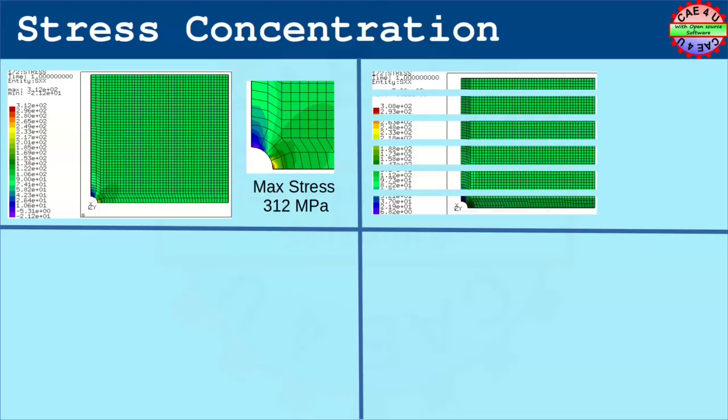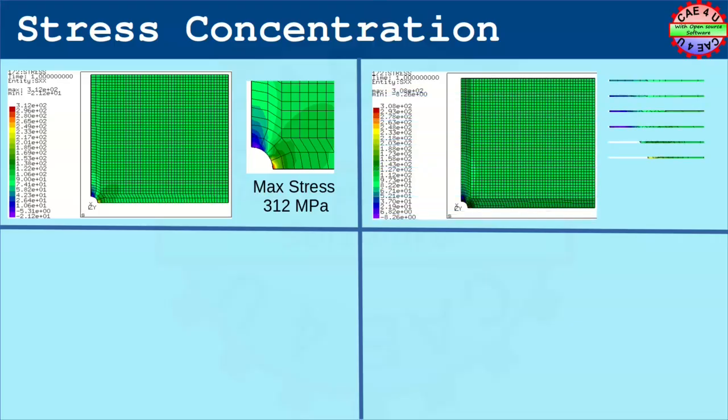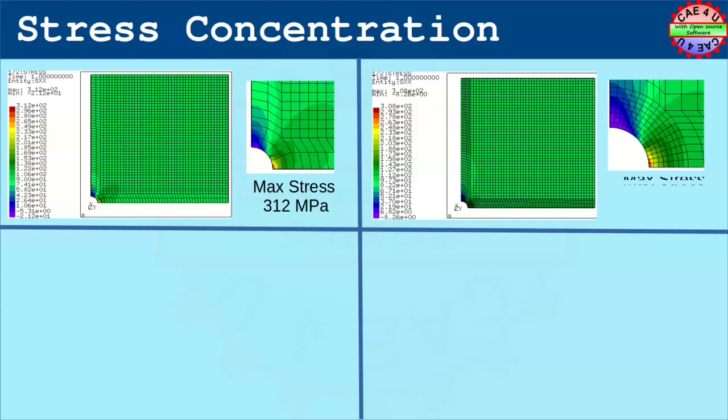As we refine the mesh near the hole, the peak stress doesn't increase significantly, which indicates there is a quick convergence of peak stress, in this case to the expected value. That is, even for a coarse mesh the results are reasonably accurate.